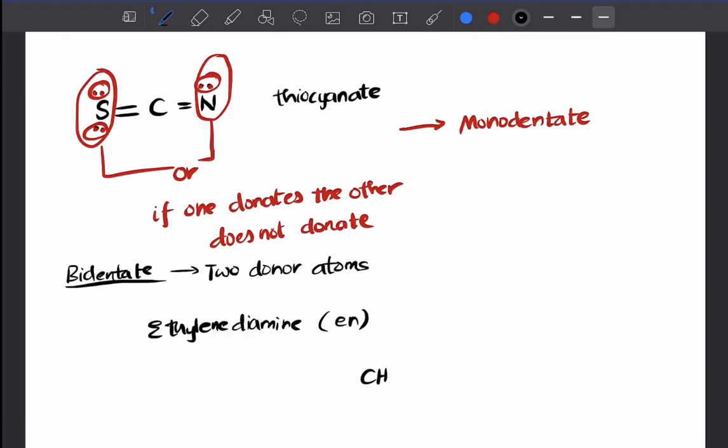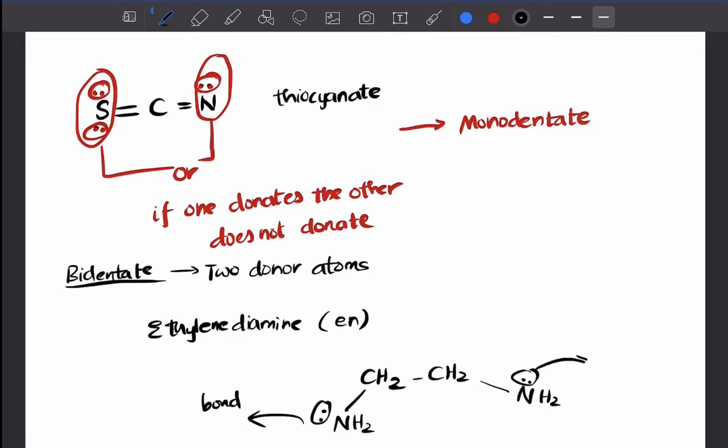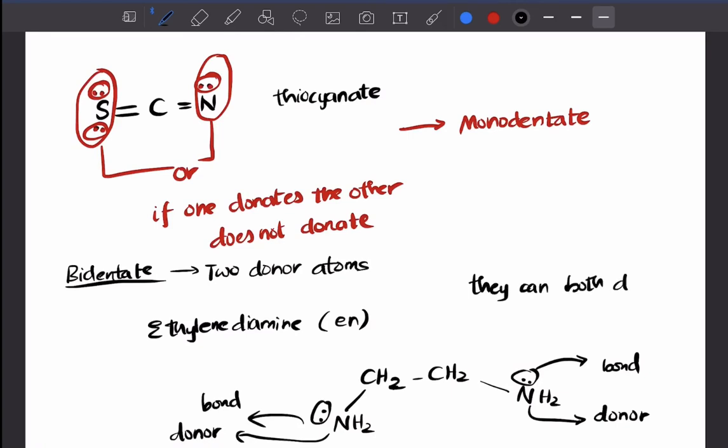So it's basically CH2-CH2-NH2-NH2. So the nitrogens that are here, each can donate its lone pair and form a bond. The nitrogen here acts as a donor. This nitrogen can also act as a donor, and they can both donate at the same time.